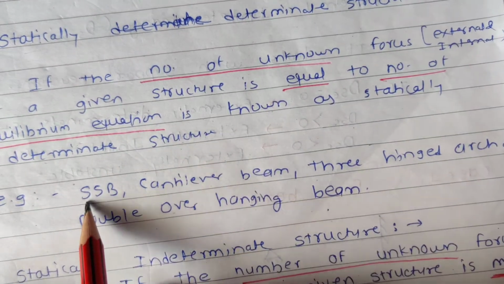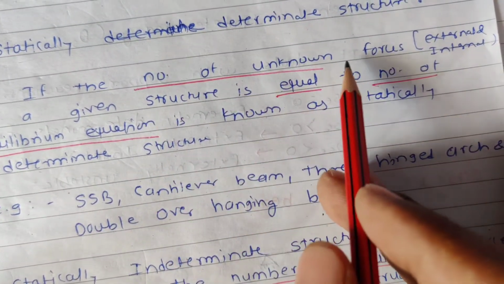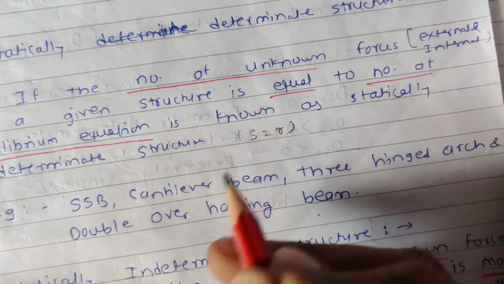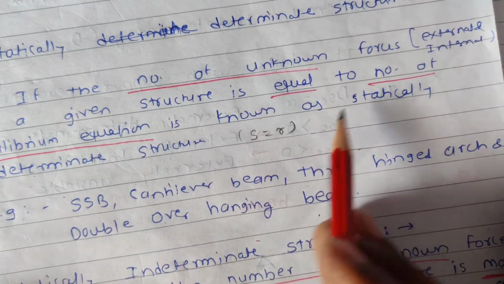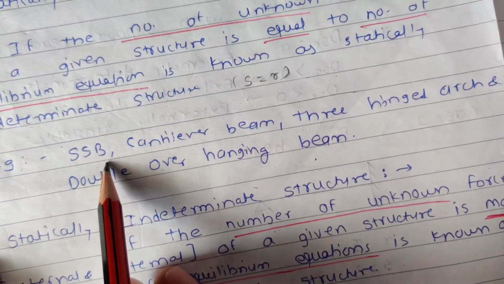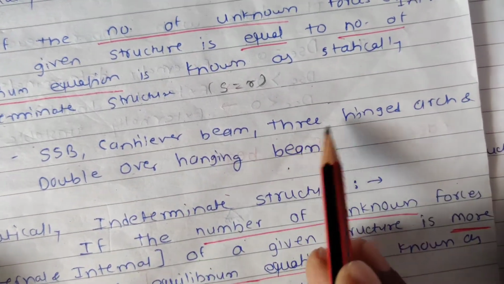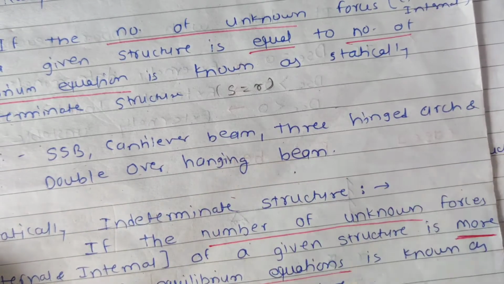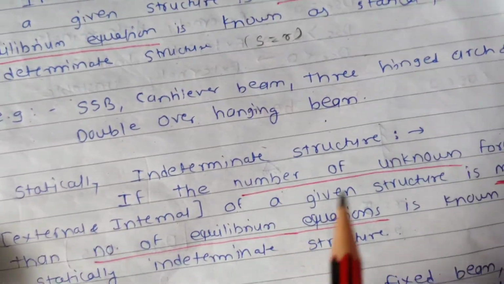What are the examples? Simply supported beam. Yes, S is equal to R. The number of unknowns is equal to the number of equilibrium equations. Cantilever beam, three hinged arch and double overhanging beam. These are the examples.